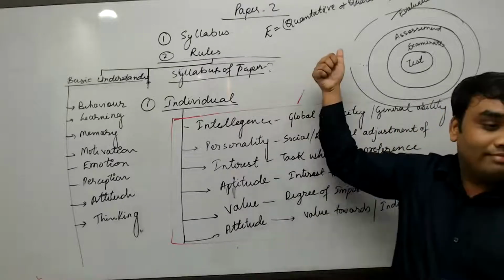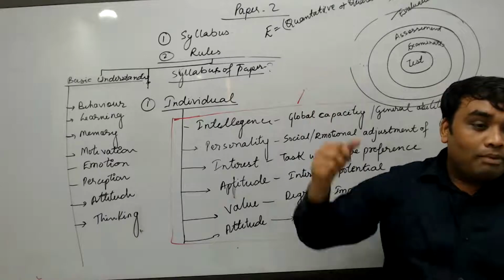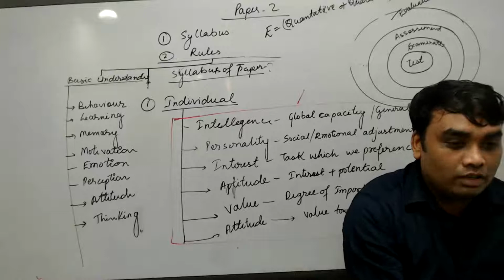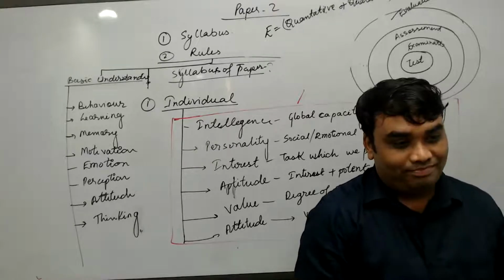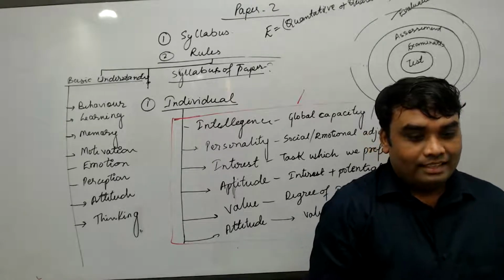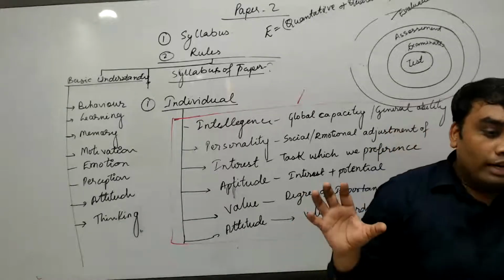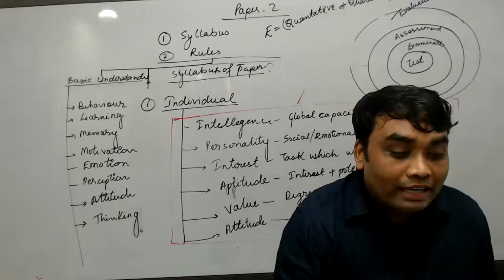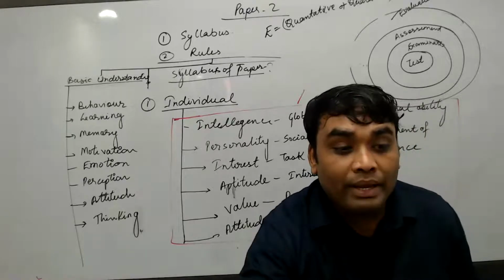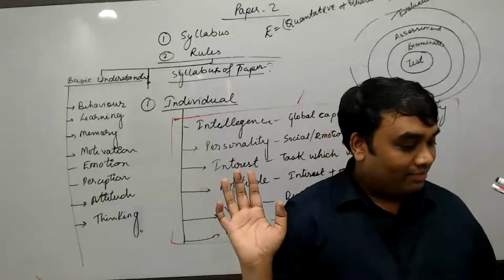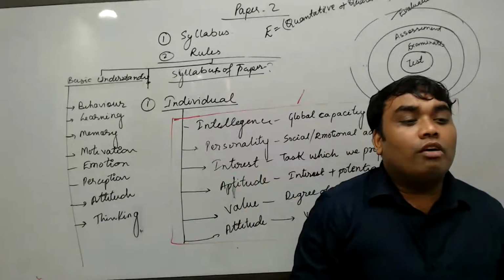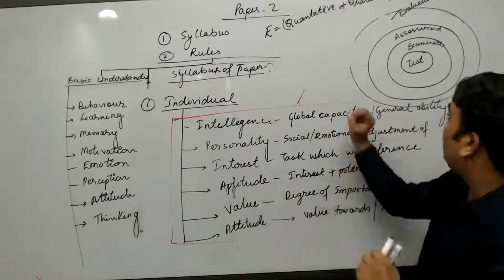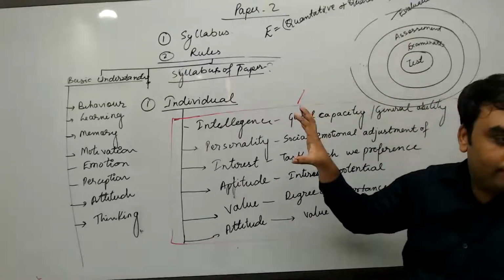All these are checked, but all these things they convert into quantitative marks. They provide you marks. So I am telling you, the Union Public Service Commission basically evaluates the qualities and quantities of your behavior.